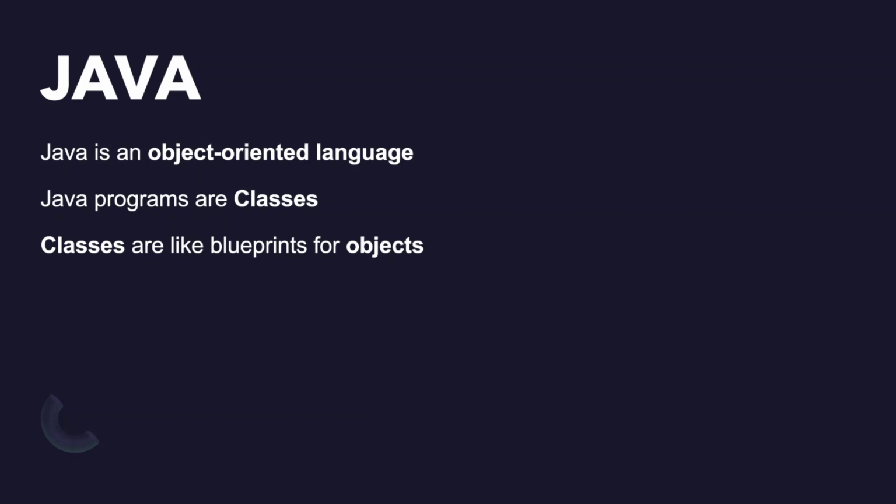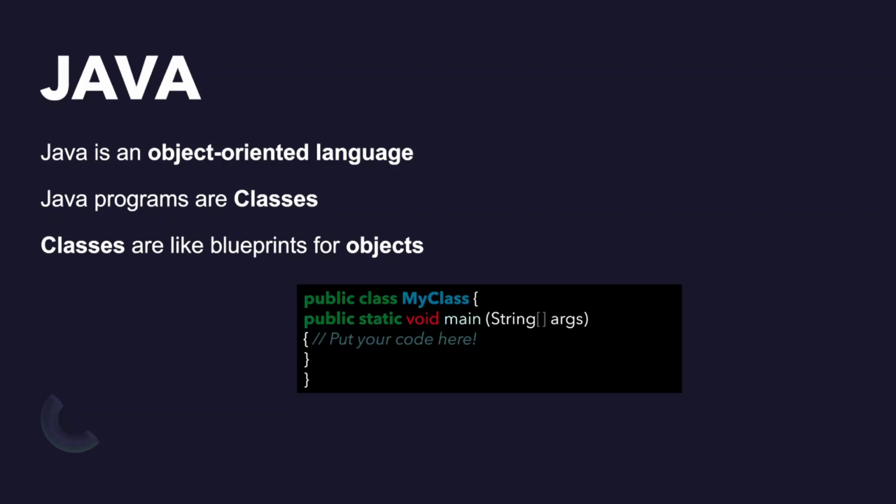When you ask the Java runtime to run a class, it will always start the execution in the main method. So here is a template for a simple Java program with a main method. And in Java, every open curly brace must end with a matching closed brace.